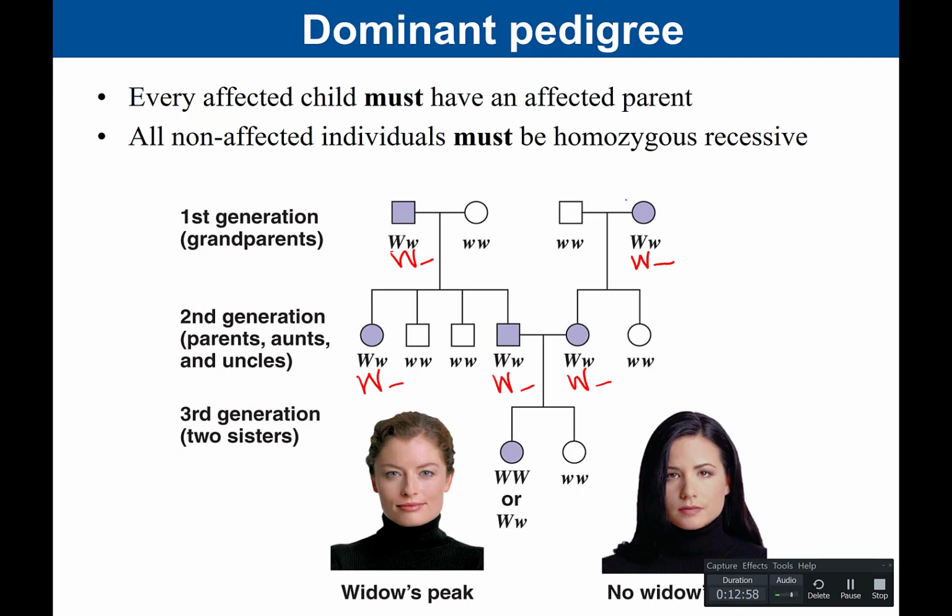However, notice that this pair at the top right here, that pair has a child that is little w. If the child is little w, that means that the little w was given by both parents. And if both parents gave a little w, that means that the filled in circle has to have the second allele be little w.